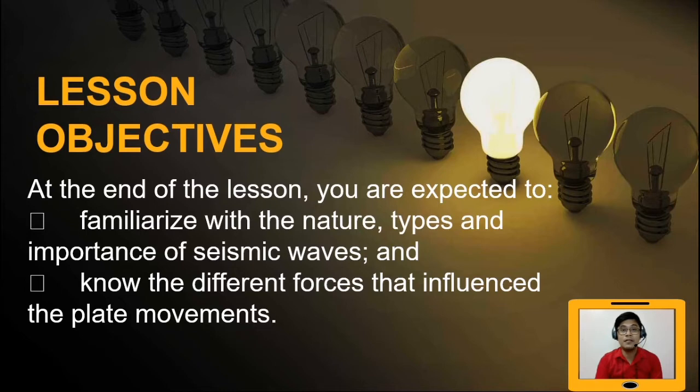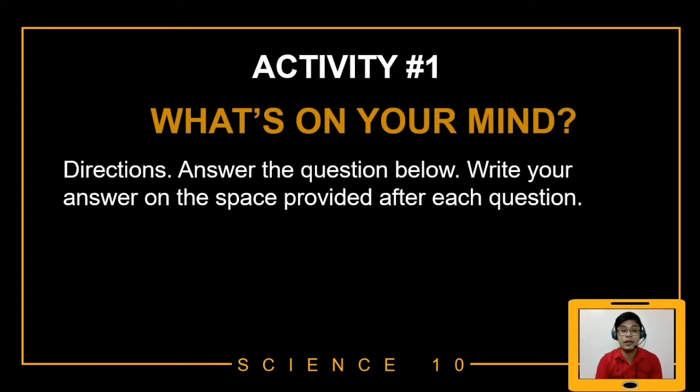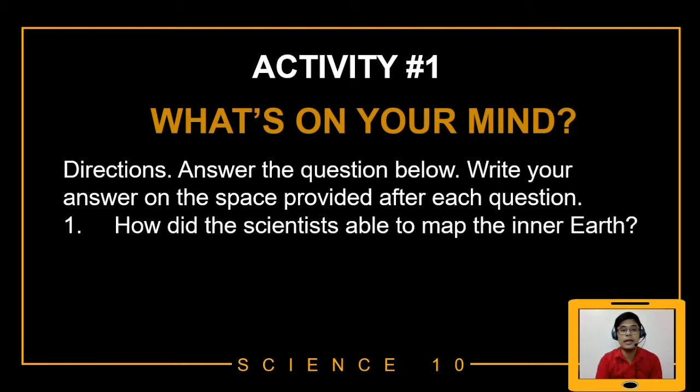And before we have the lesson proper, let us have first the preliminary activity. This is activity number 1, what's on your mind, and for the directions, you are going to answer the question below by writing your answer on the space provided after each question. This is just to test your prior knowledge regarding our lesson to be tackled. Number 1 is, how did the scientists able to map the inner Earth?